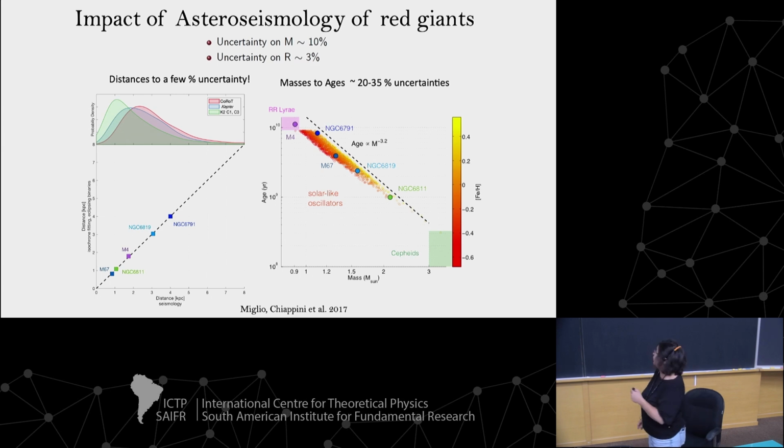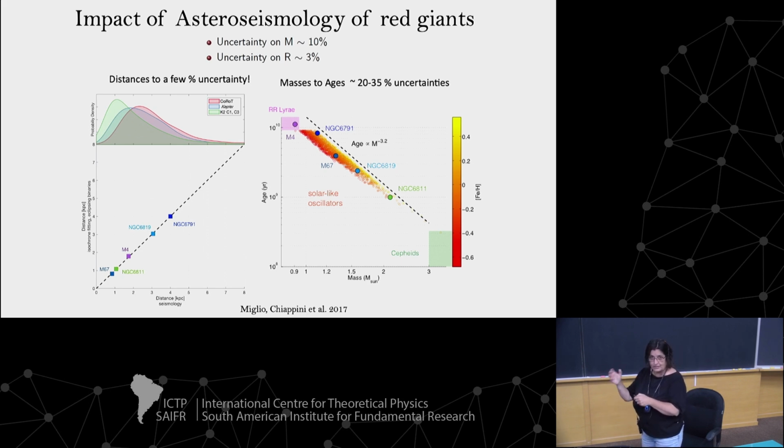So here, for example, is the impact of this asteroseismology for red giants. Because you have this mass, you can reach up to 10% uncertainty, and radius 3%. Now, this is what you measure with those scaling relations I told you, but then you can transform this into masses, and from masses to ages. Doing that is a model-dependent thing.